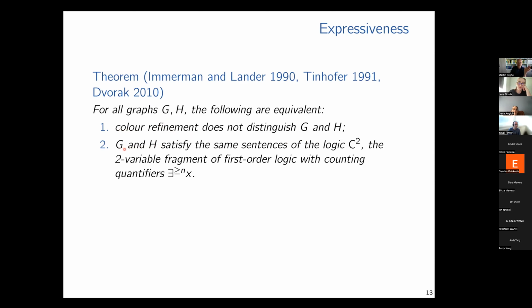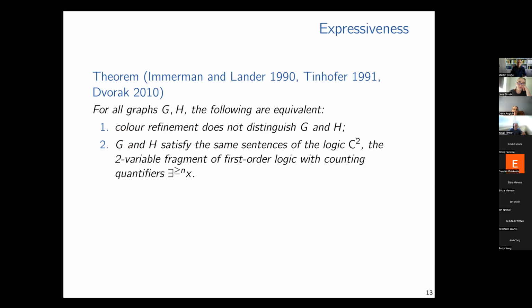Well, one thing it means is they satisfy the same sentences of a logic called C2. That's a 2-variable fragment of first-order logic with counting quantifiers saying there exist at least n elements x satisfying something. Now this n here is a constant. It's not a variable. That will be important later.